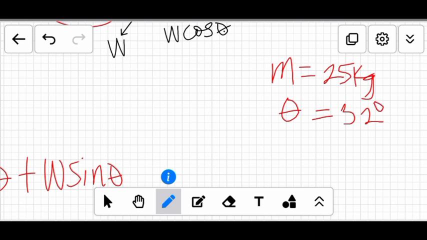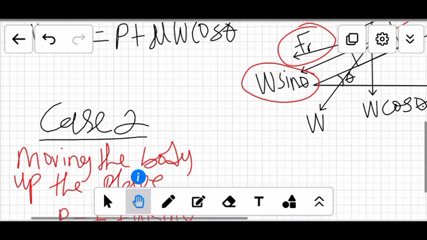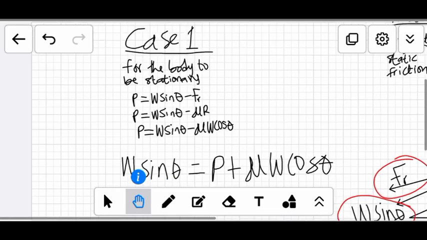We are also told that the coefficient of friction is 0.45. Then we're told to calculate the force parallel to the plane that will keep the body stationary, which means this is a question on case 1.